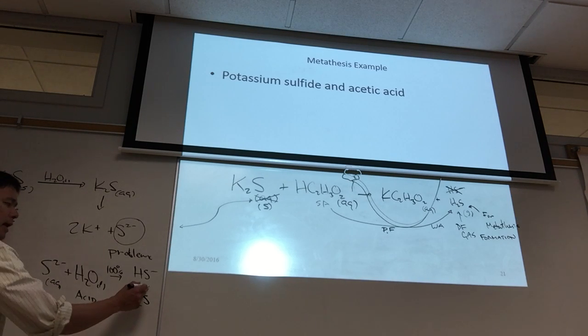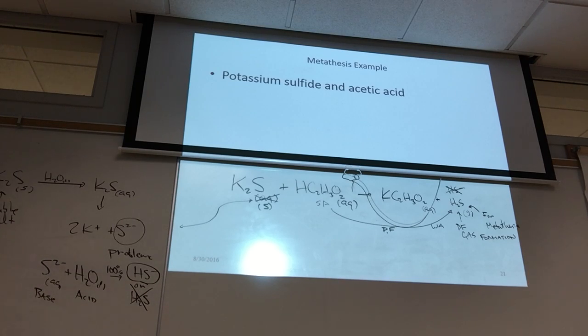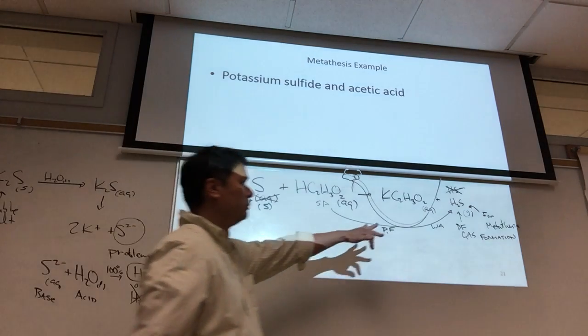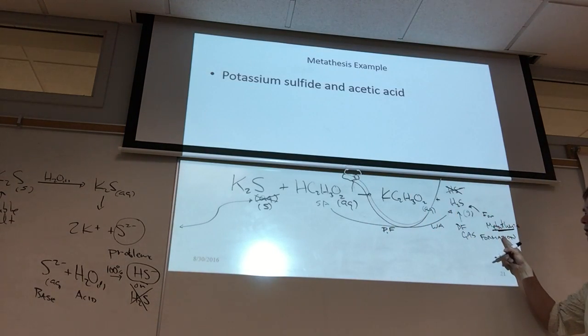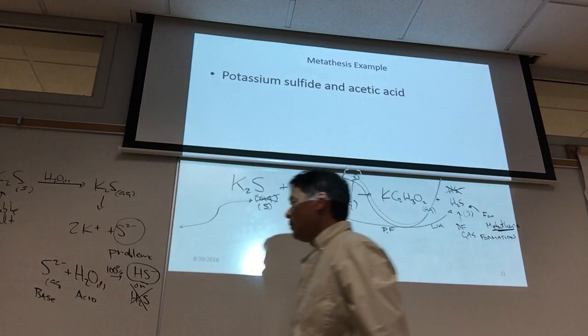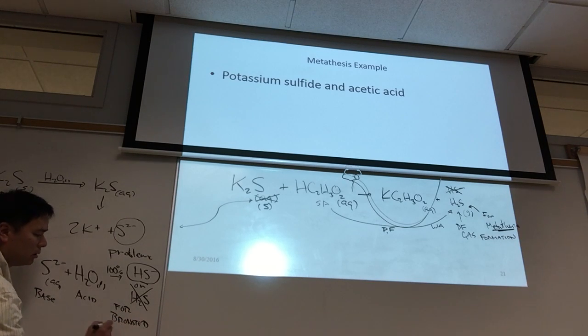We form HS minus. We do not form H2S. Well, why did we form H2S over here? We formed H2S because in metathesis, we go all the way. This is what we call Bronsted acid base. For Bronsted acid base, we only transfer one proton at a time.